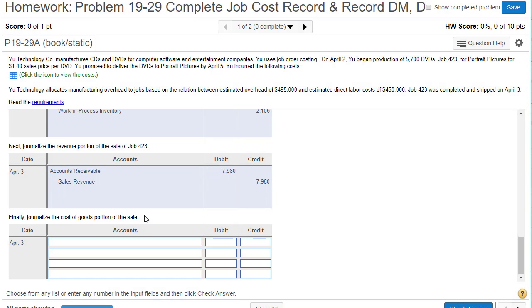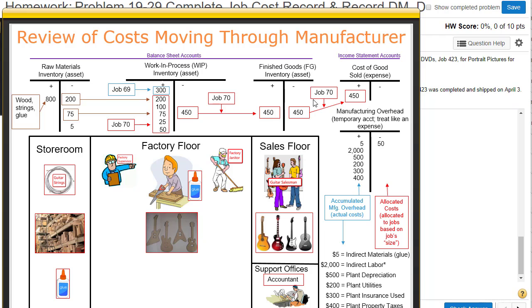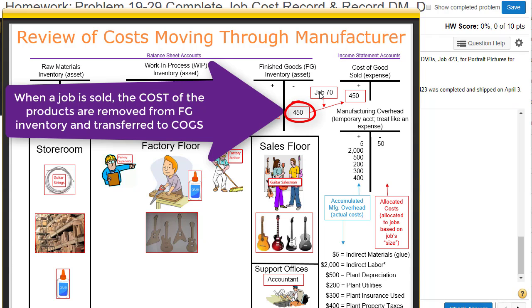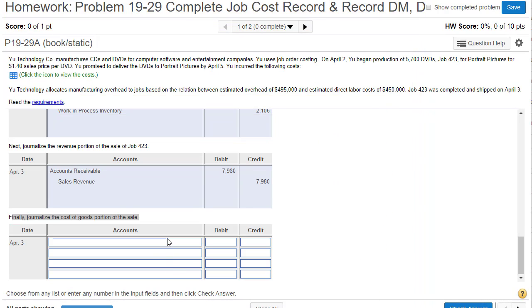Then it says journalize the cost of goods portion of the sale. So back to our T accounts. Remember, when we sell a job, we sell a product like job 70, we have to remove it from finished goods inventory. Because it's sold, we can no longer have it in the finished goods inventory. We're going to move or transfer the cost to cost of goods sold. So COGS gets debited, finished goods gets credited, and that's the cost of the job.